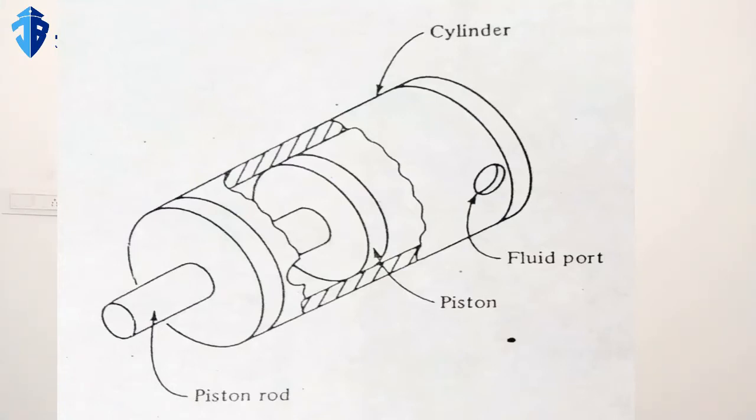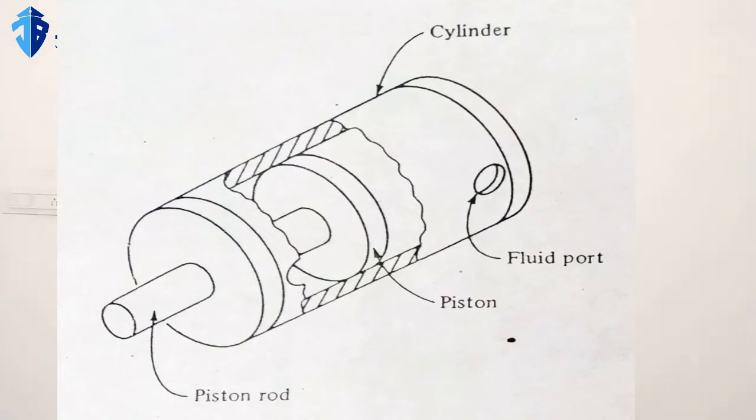There is a small hole at one point, and if we apply pressure to that point, the fluid becomes compressed and the piston will move to one side. Thereby we get a linear motion.